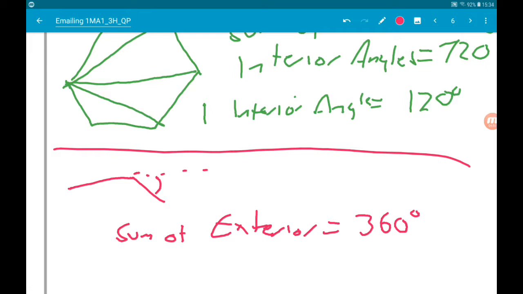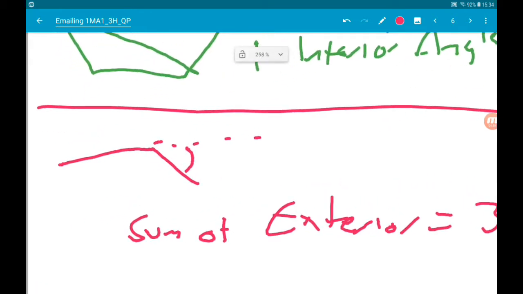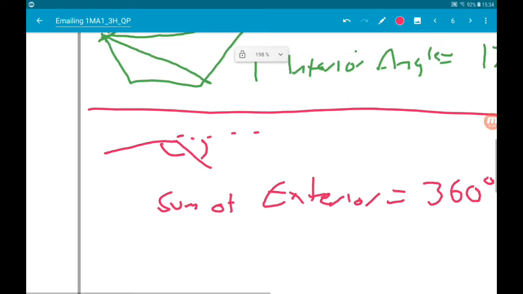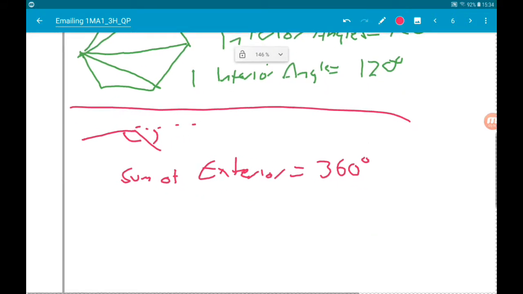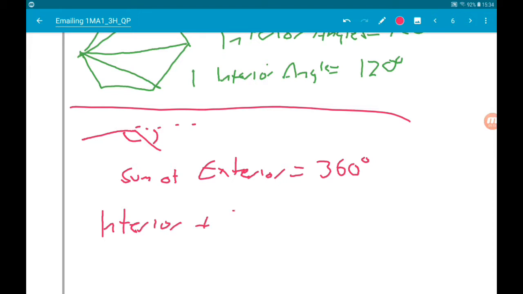Now, also, exterior and interior angles make up angles on a straight line. So, interior and exterior always adds up to 180 degrees.